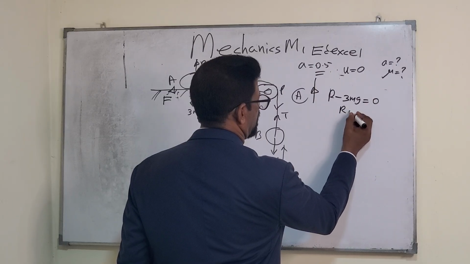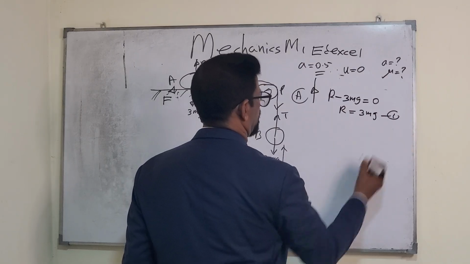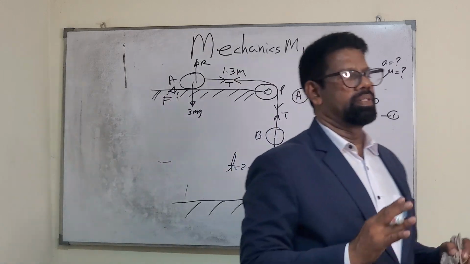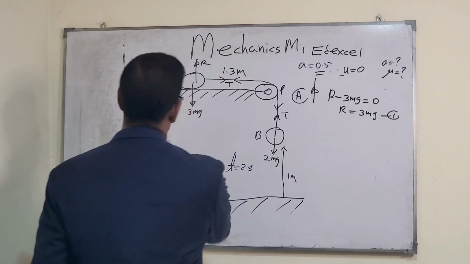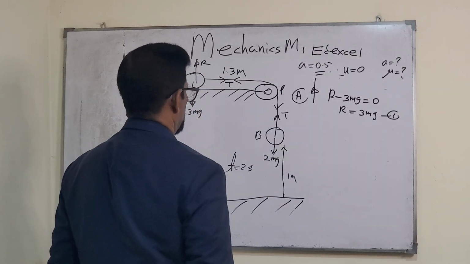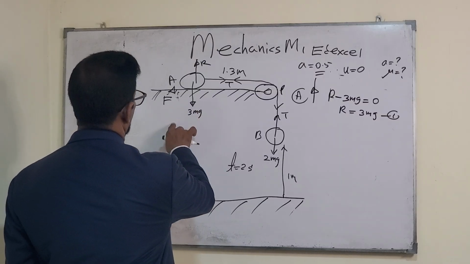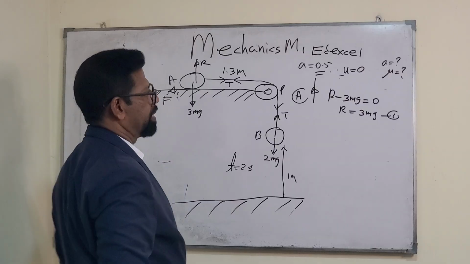So R should be 3mg. First, the normal reaction. Then you can find the friction force F. How to do this? This involves F equals ma, with T and F. R does not come in there yet, so first we plan to find T.